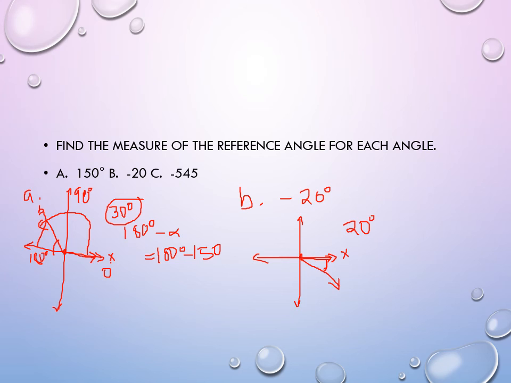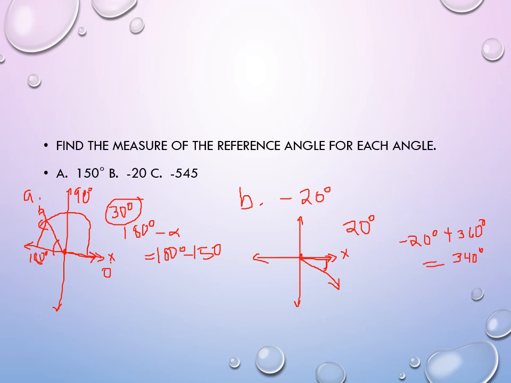The other thing is that when it's in the fourth quadrant, we could make a coterminal angle and find it. We could say negative 20 plus 360, and that gives us 340 degrees. Right?